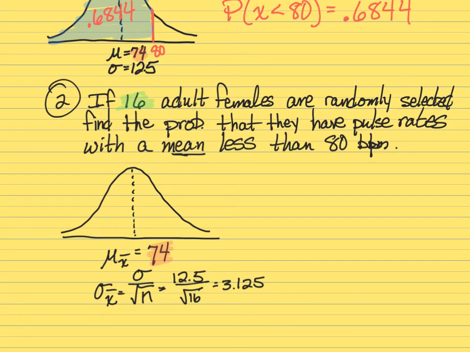Once we're there, then we proceed the same way. We say, okay, our cutoff point is up here at 80. And we want the probability of being less than that. So again, we want this probability. In order to find probabilities under normal curves, we need to find the z-score of our critical point, of our boundary. Let's try that again.